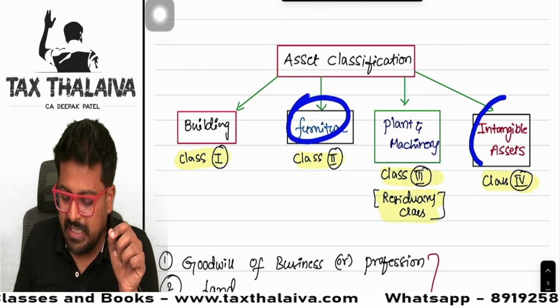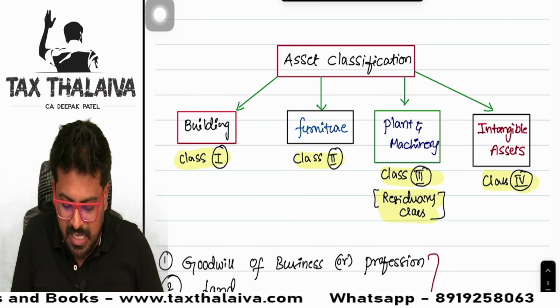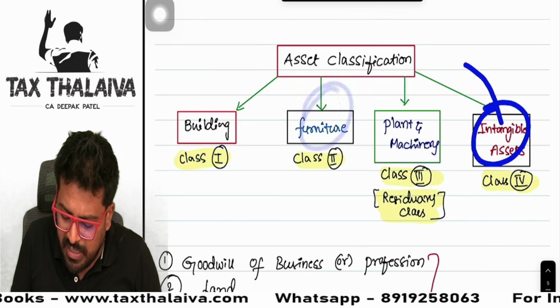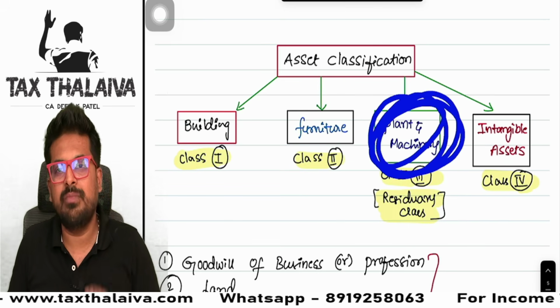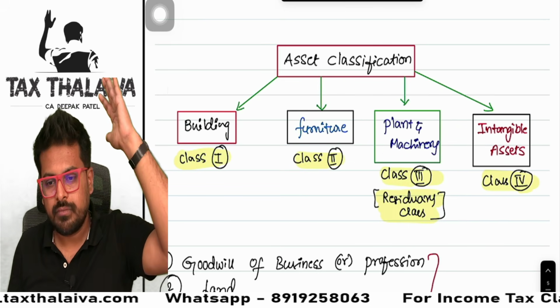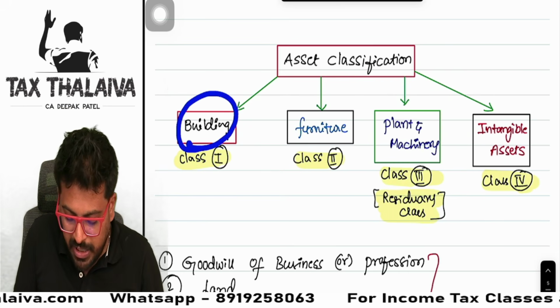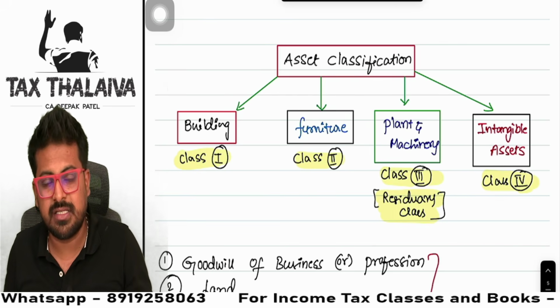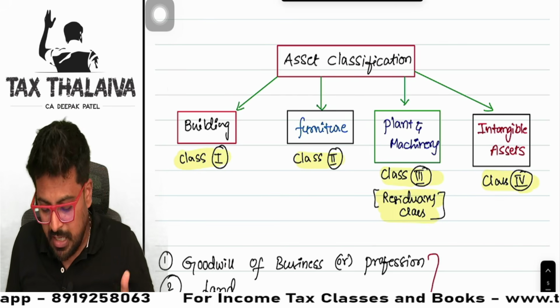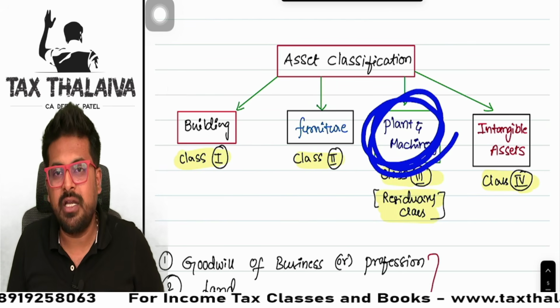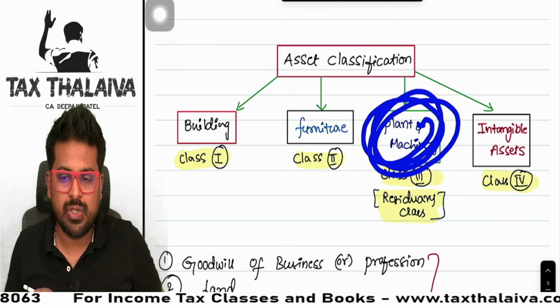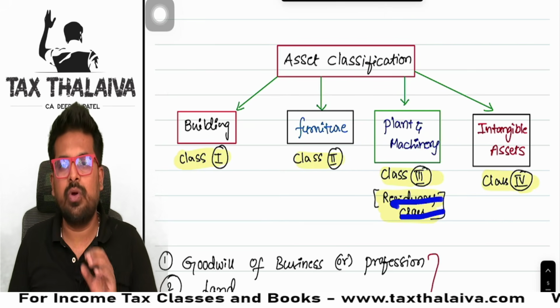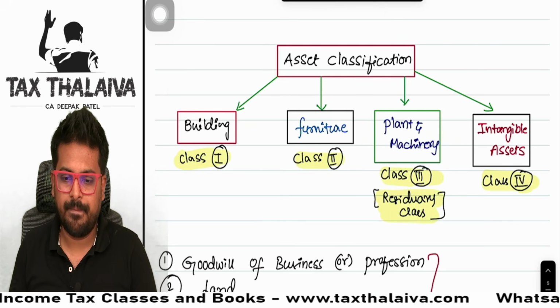Building, furniture and intangible assets, apart from these three categories, whatever is there will fall under the plant and machinery category only. I repeat, apart from these three, whichever asset is there will always fall under plant and machinery class, because this is a residuary class.